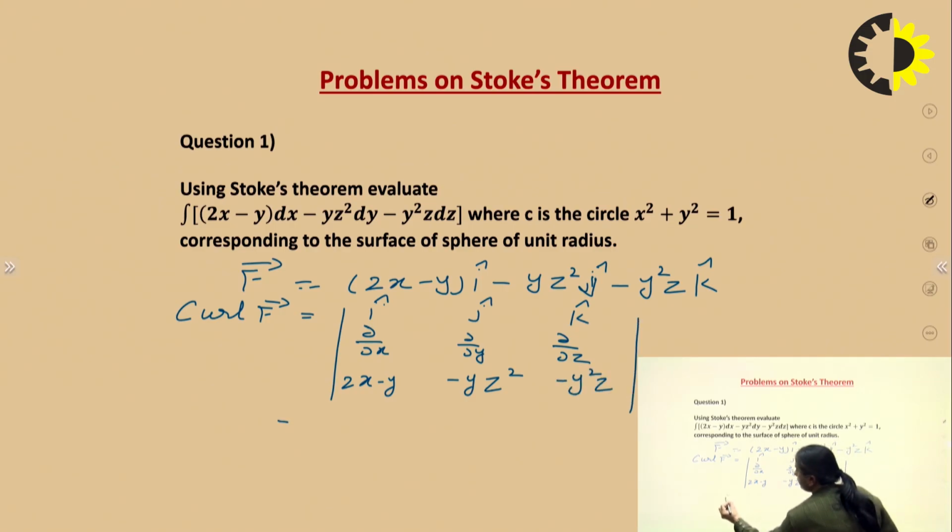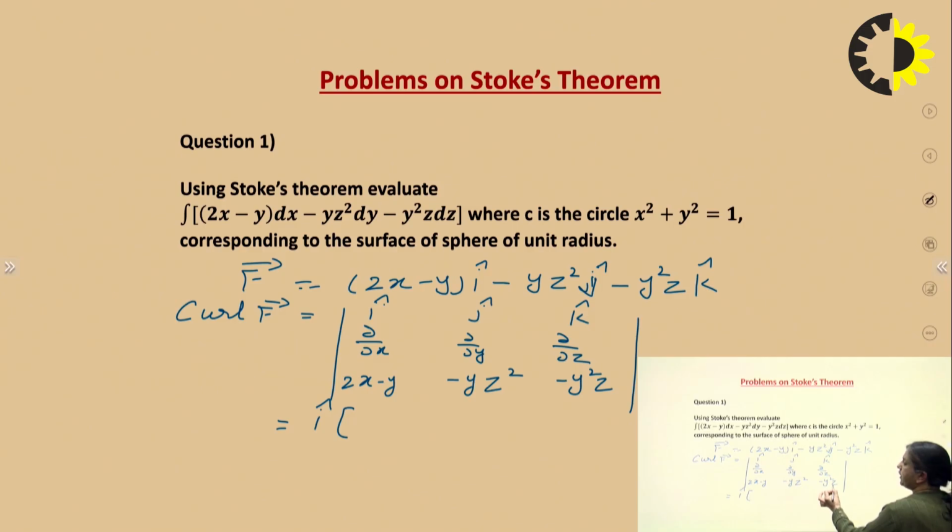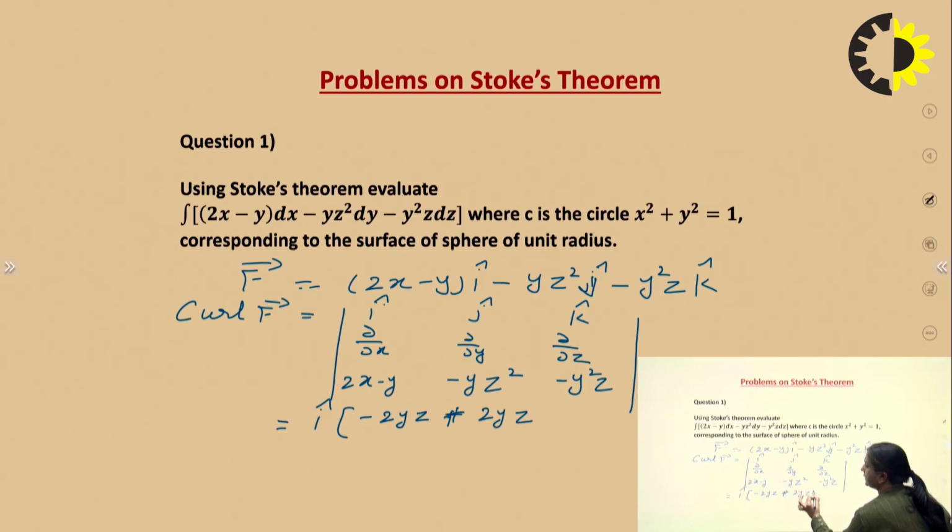So if we solve this determinant for the curl of vector F, for i cap, the derivative of minus y square z with respect to y will be minus 2yz, minus the derivative of minus yz square with respect to z, and minus of minus will be plus 2yz.